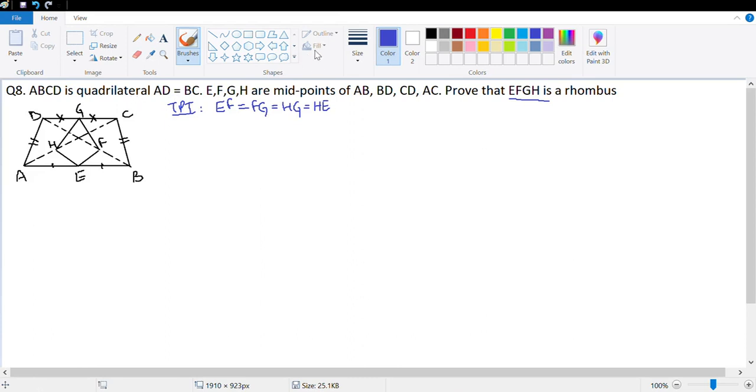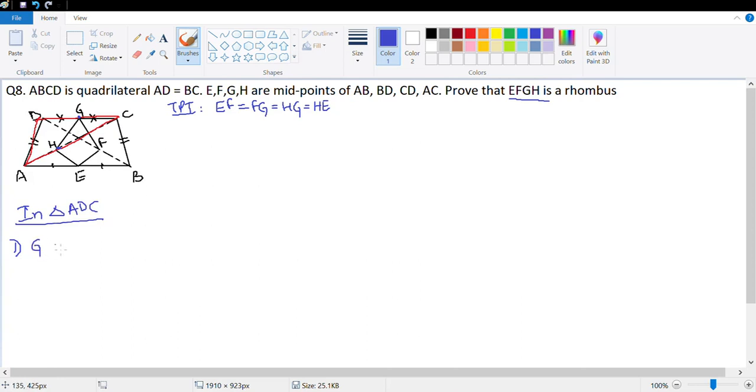Now again, as soon as I see midpoints, I am basically looking at triangles where there are two midpoints being joined. So now let me first look at the triangle ADC. So in triangle ADC, are there any midpoints being joined? Yes, G is midpoint, H is also midpoint. So let's start writing.